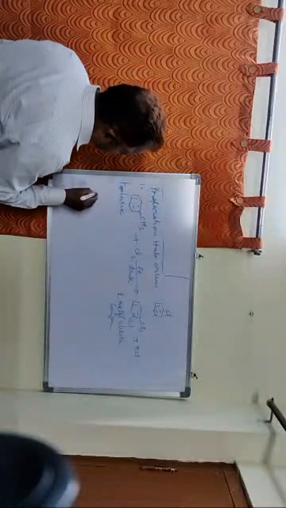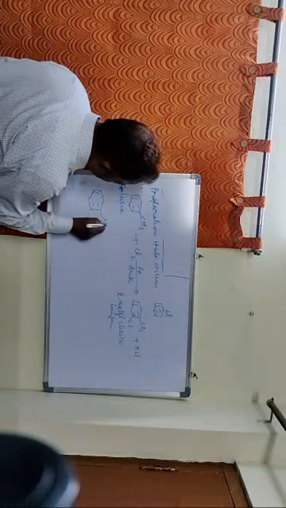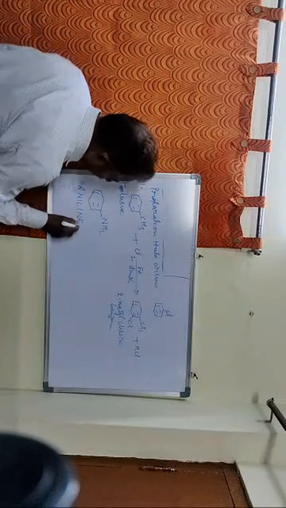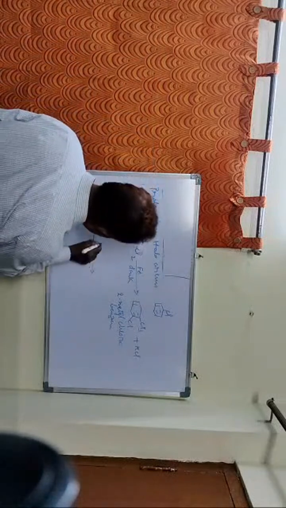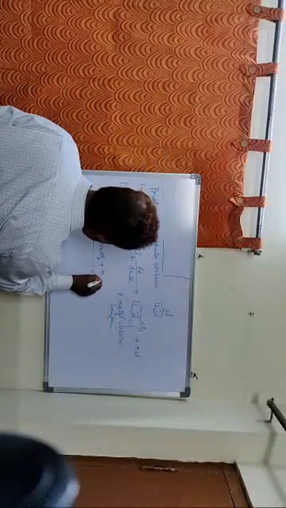Okay. Now let us see. This is aniline. Aniline means C6H5NH2. Aniline is treated with NaNO2 plus HCl, and of course at the temperature 273 K. What do we get here?